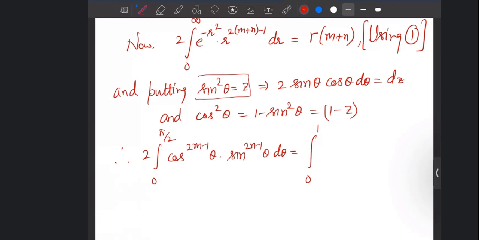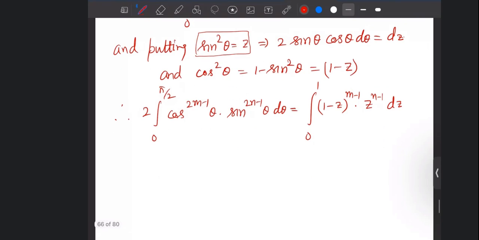In this substitution, if theta is 0, z will become 0. If theta is pi by 2, z will become 1. So the limits will be changed. Cos square will become 1 minus z, so we get (1 minus z) raised to the power m minus 1 into z raised to the power n minus 1 into dz.